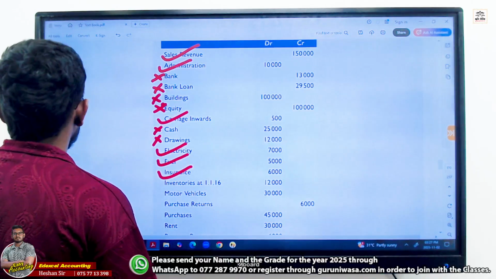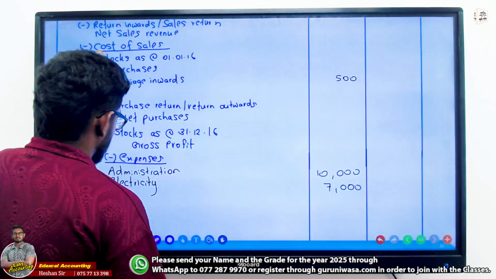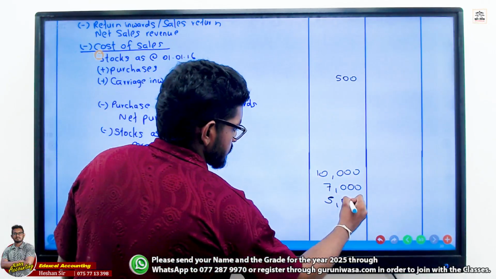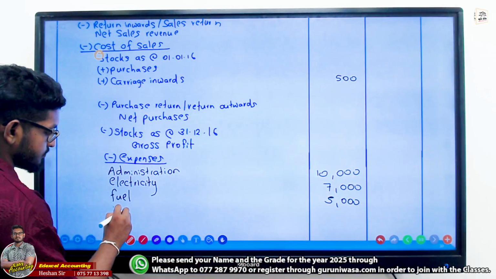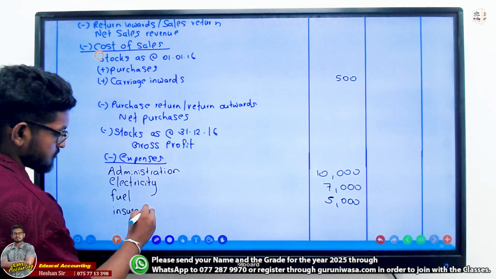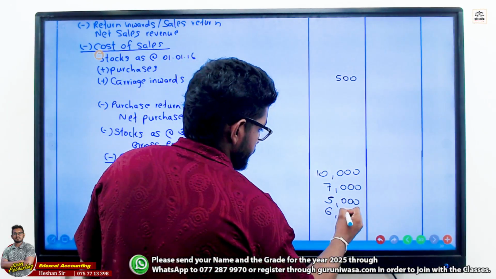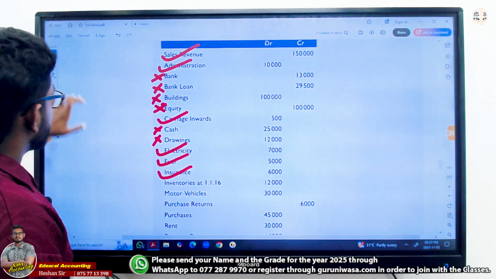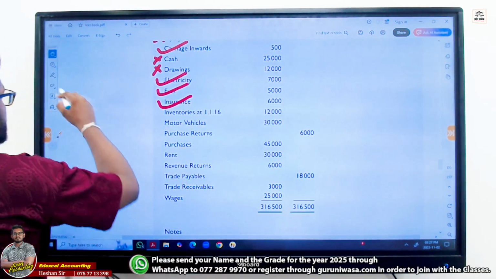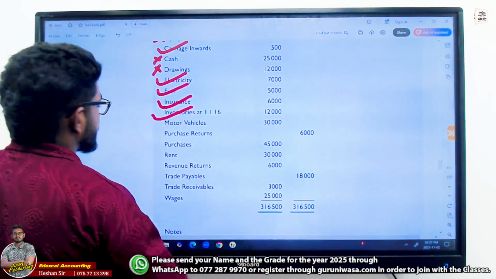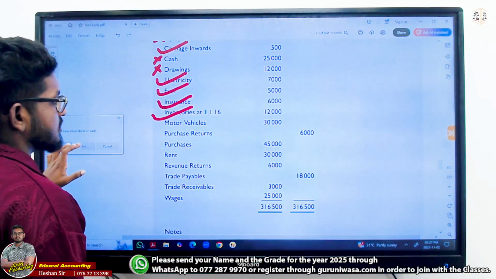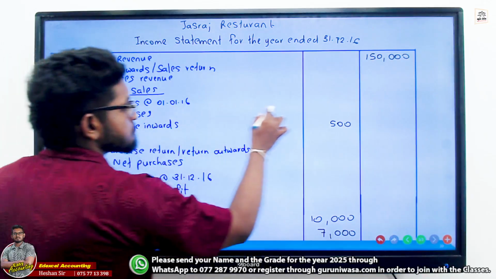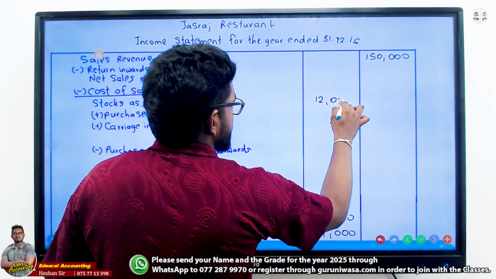Fuel 5,000, insurance 6,000. Done. Inventory as at 1st January 2016 means the opening inventory, 12,000, comes under here.